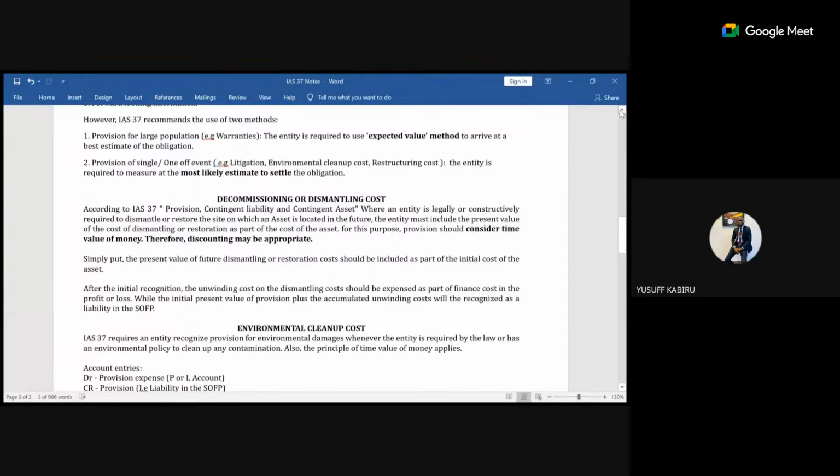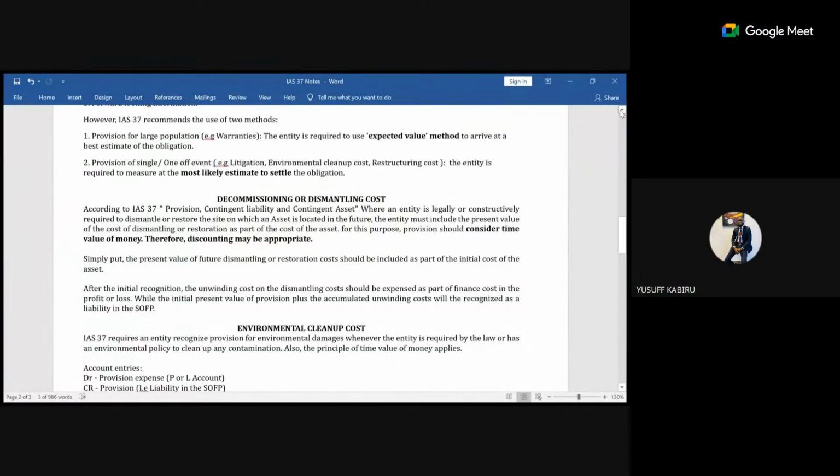So in this instance of unwinding cost, let's take it to 5 years. You said 10 million naira, I'm going to pay you 10 million naira in the next 5 years. In the next 5 years, 10 million naira cannot be 10 million naira. It will have changed. Your liability will have increased to maybe 50 million.